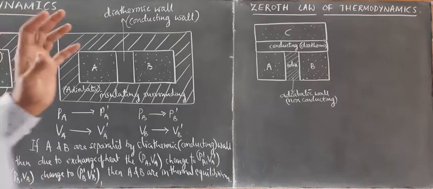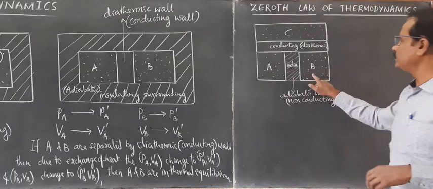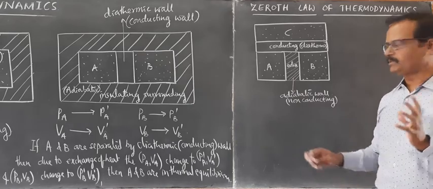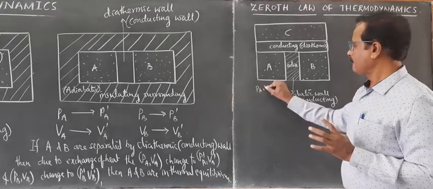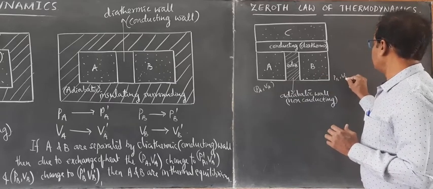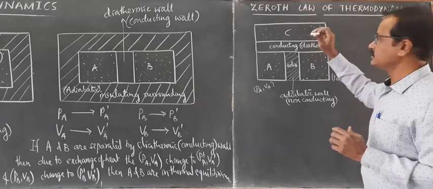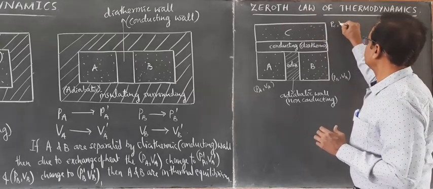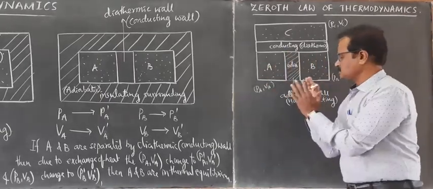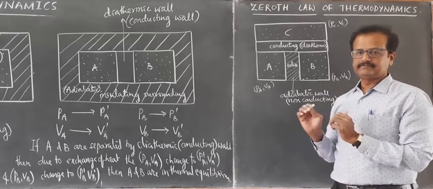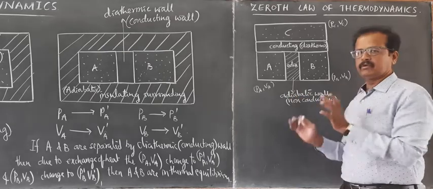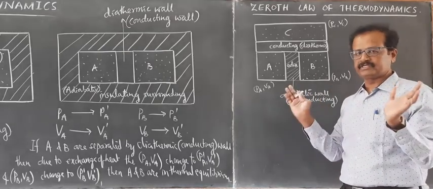Now consider there are three systems A, B and C, such that system A has pressure PA, VA, system B has pressure PB and VB, and the third system C has pressure PC, VC respectively, such that A and B are separated by a non-conducting wall. A and B are kept in close vicinity, separated by an adiabatic, non-conducting wall, which doesn't allow the exchange of heat.